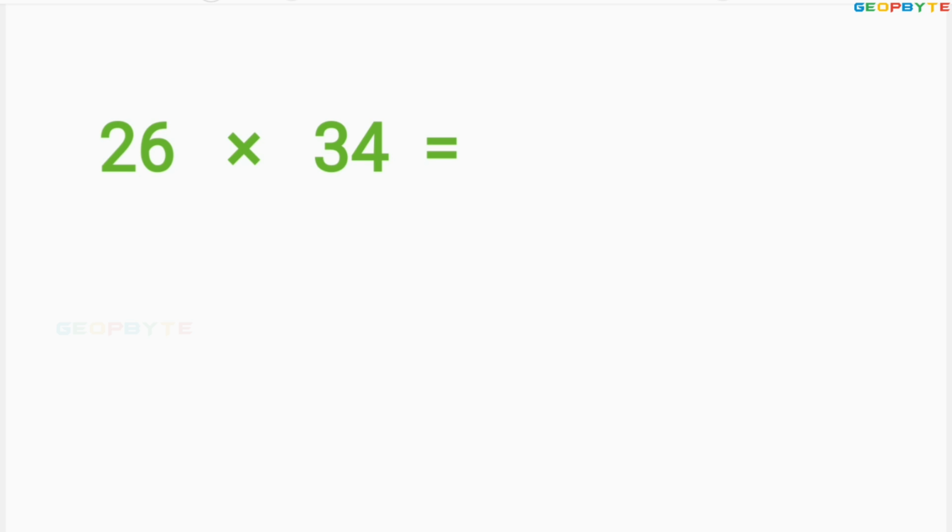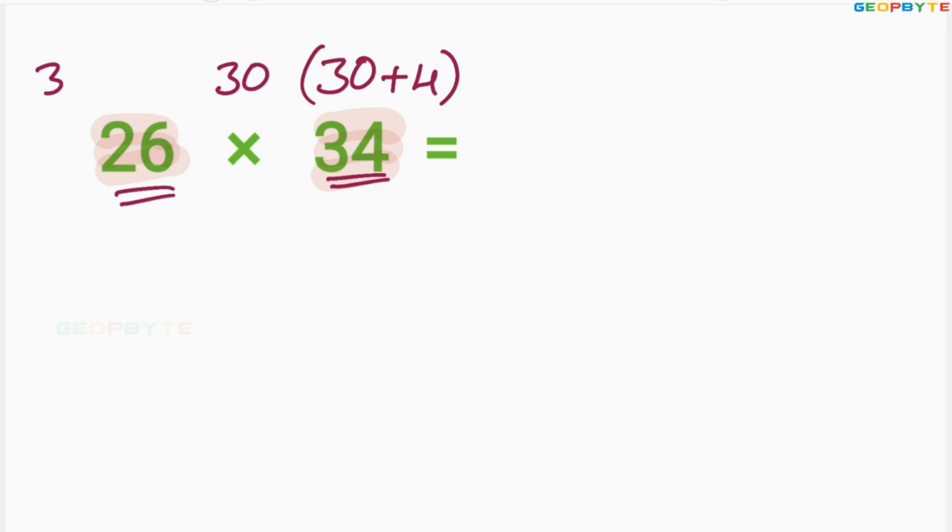Look at the other number, 26 into 34. The middle number of 26 and 34 is 30. This 34 I can write as 30 plus 4. The other one you can write as 30 minus 4.